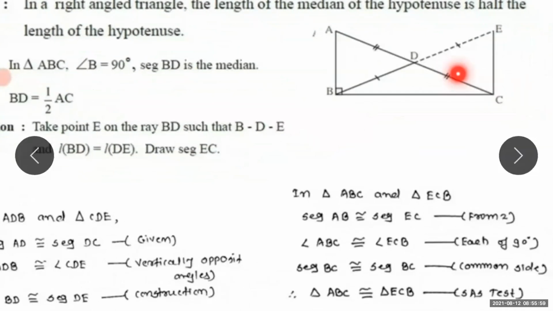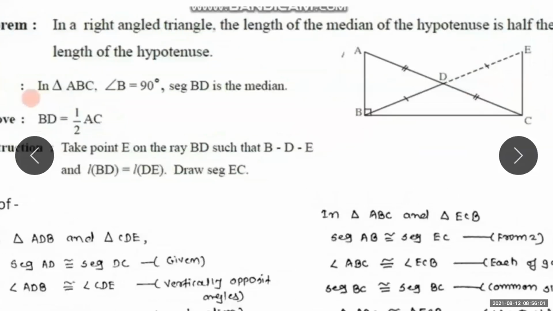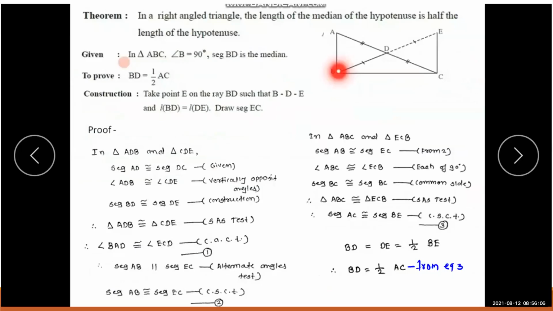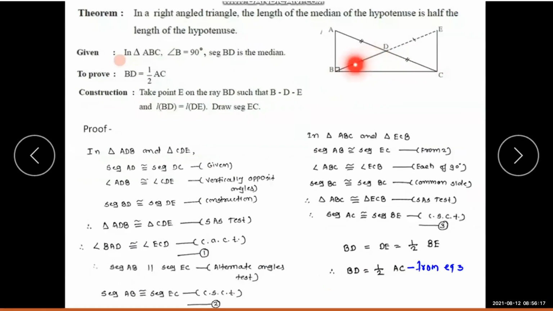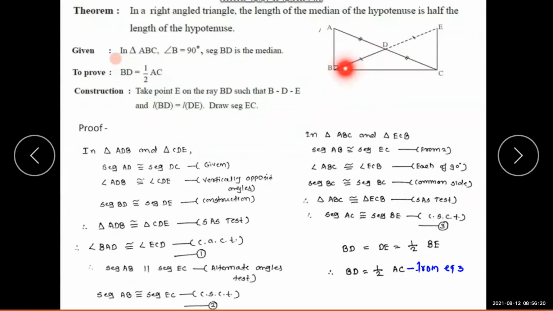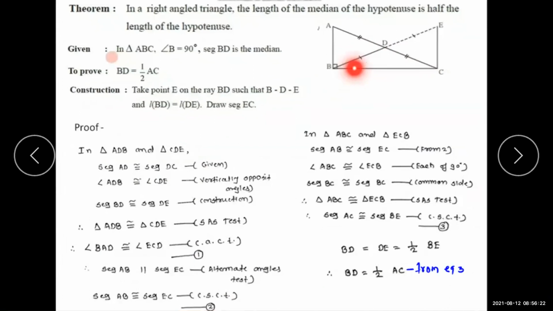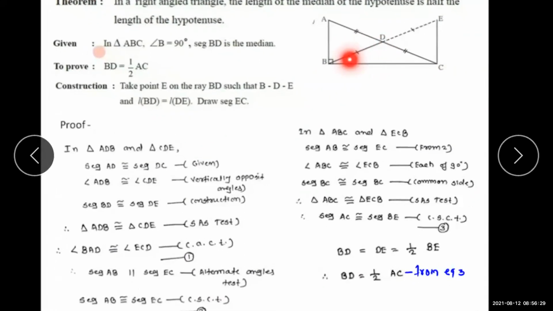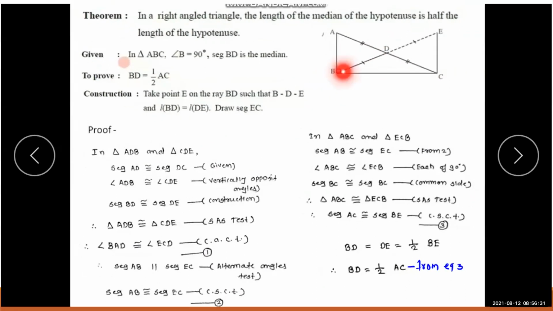In this right triangle, AC is the hypotenuse as it is opposite to the 90-degree angle. And D is the midpoint of this hypotenuse. Now from the vertex B, a segment is drawn joining it to point D. So this is the median.